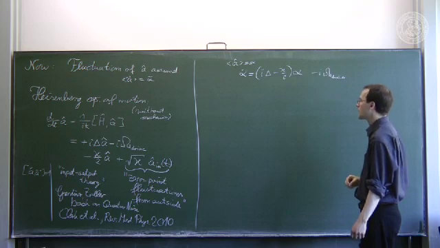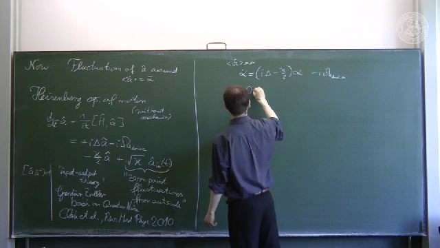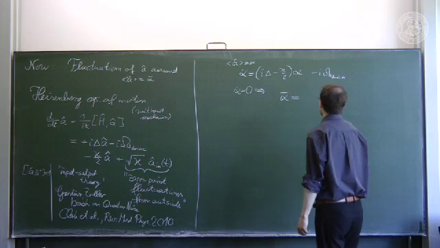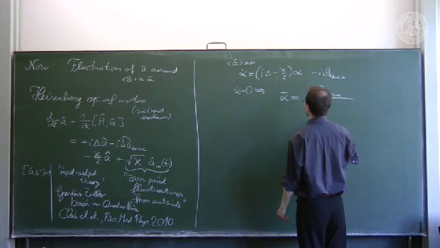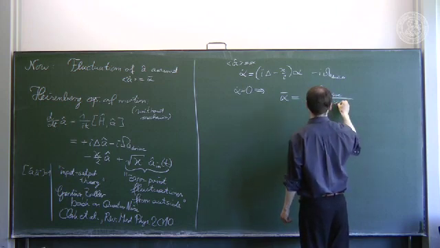Okay. And now if I demand that I'm in steady state, then I can simply solve this equation and I obtain alpha bar equals i times this driving amplitude divided by i delta minus kappa half.